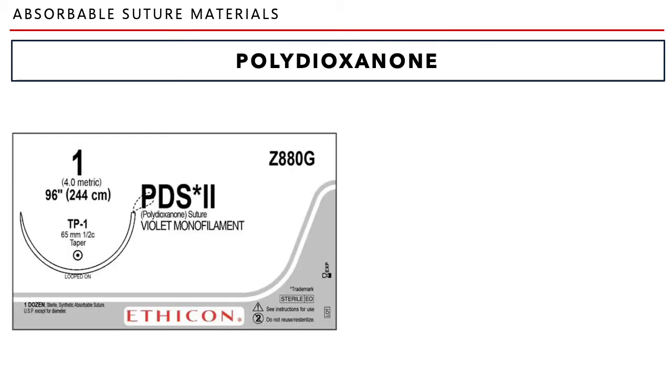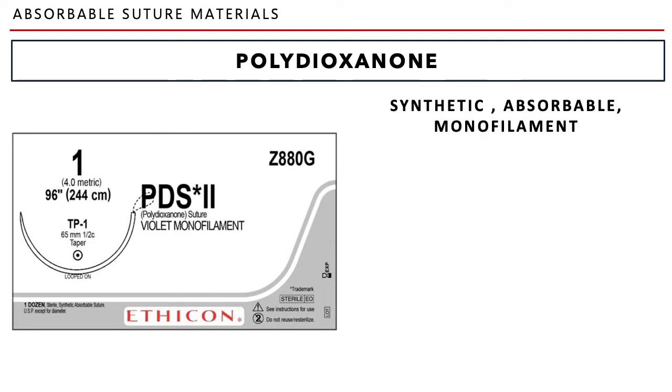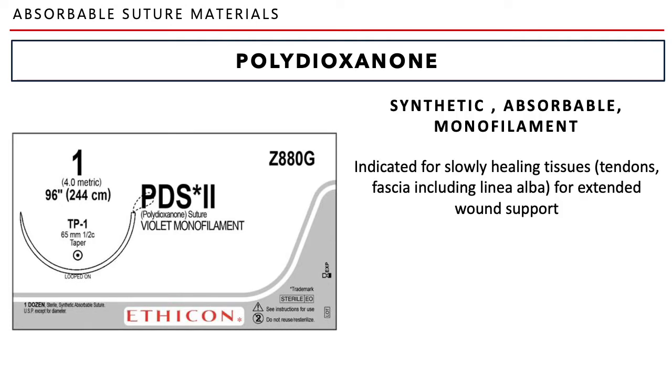Okay? Polydioxanone is PDS II, also another common thing that is used out of the country. Synthetic absorbable monofilament. This is for slowly healing tissues, for extended wound support if you expect that the healing would be delayed, or if there is delayed healing associated with that tissue.